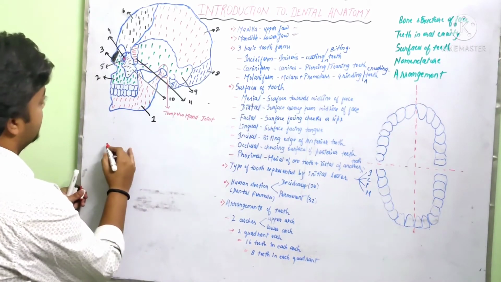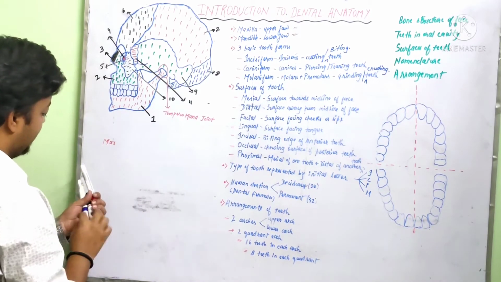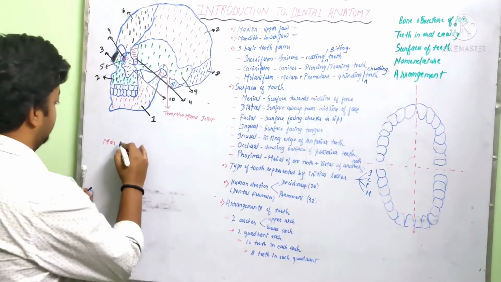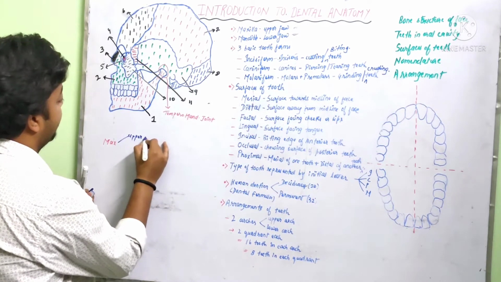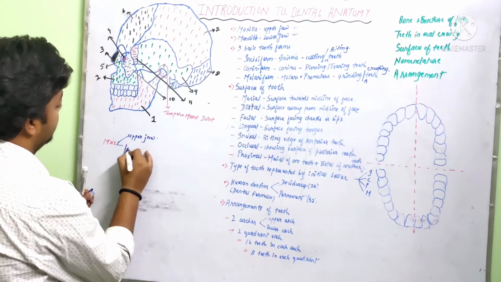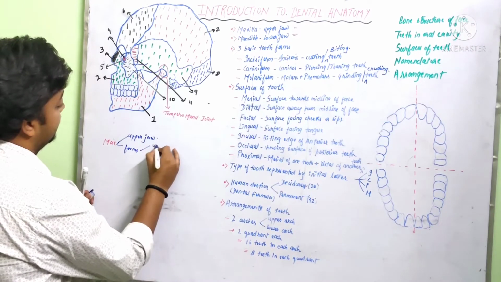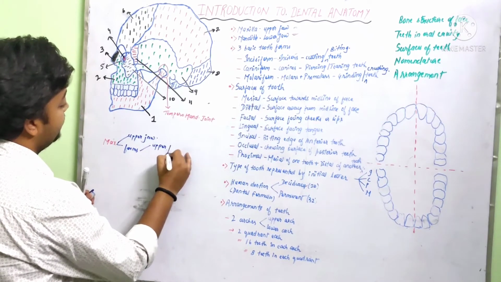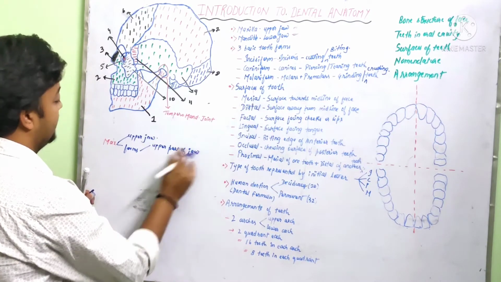So guys, first let us talk about the maxilla. The maxilla is also called the upper jaw. Now this maxilla forms the upper part of the jaw, number 1 point.